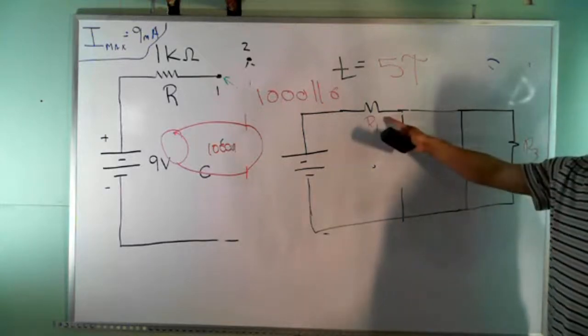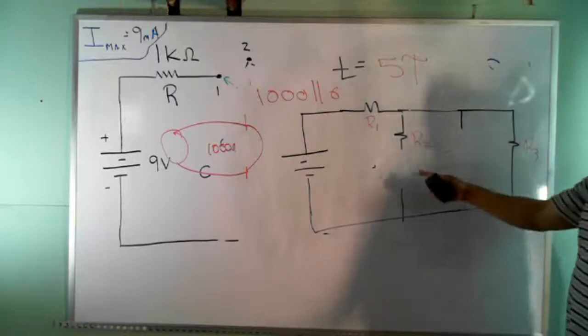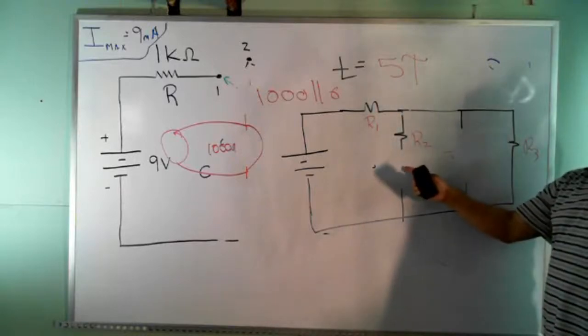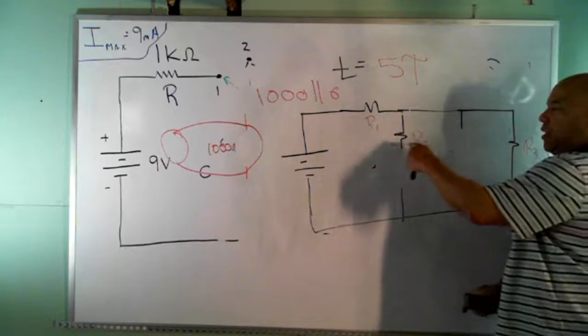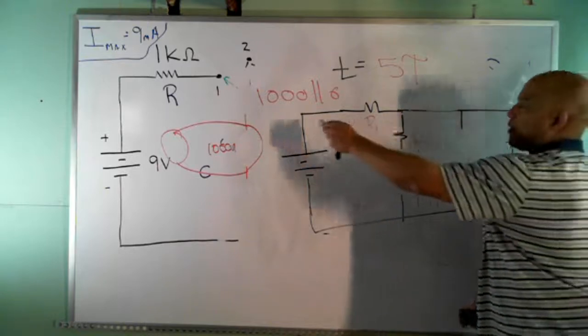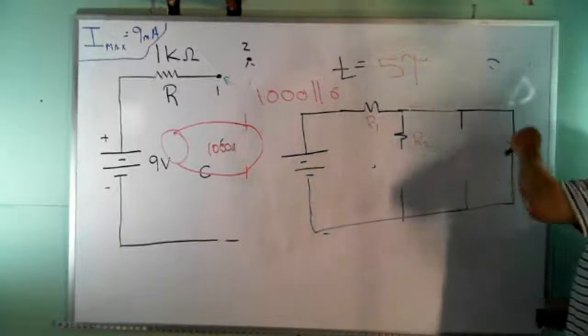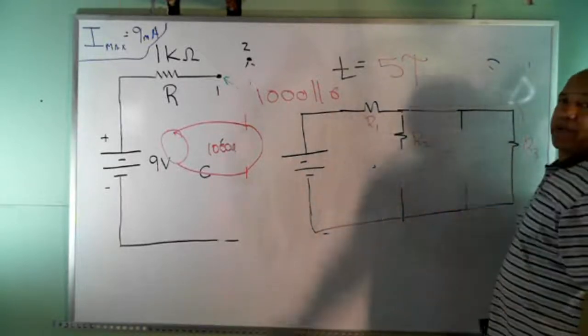Current can go through here. When I open this up, that doesn't affect anything. It only affects the one that the capacitor was in series with. No current can go through the open circuit, so that resistor doesn't get a current, there's no voltage drop across it. The path the current is going to take is this way. So for T equals 5 tau, this is what the circuit looks like.